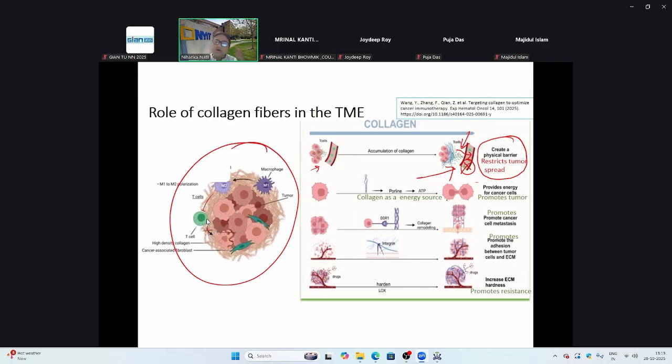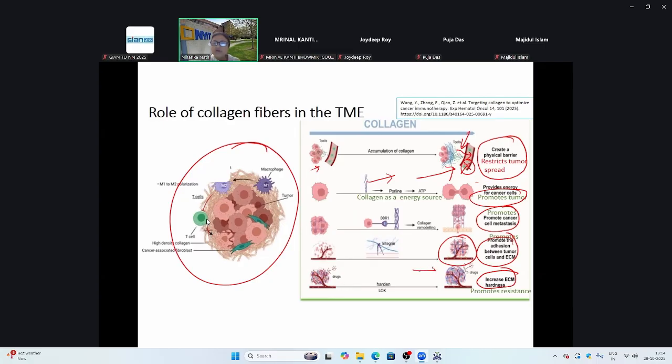Okay. And this is collagen again. We found that it provides energy and promotes the tumor. Collagen promotes metastasis. This is what we found also. Too much collagen or more collagen also helps hold the cells together. And collagen also makes it hard. It increases the ECM hardness. So how is that beneficial?